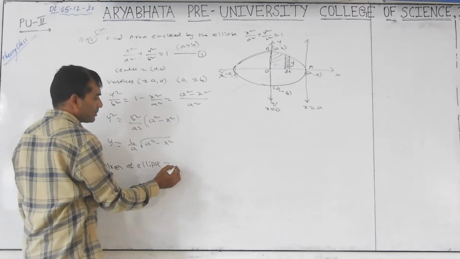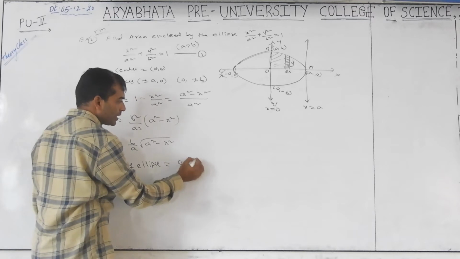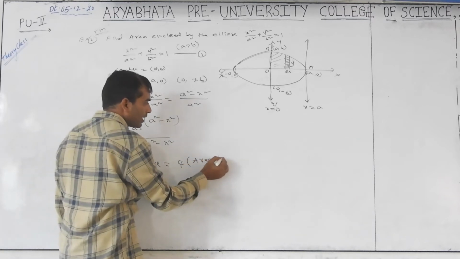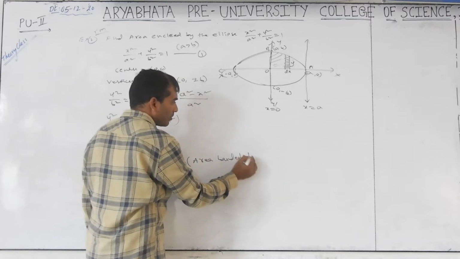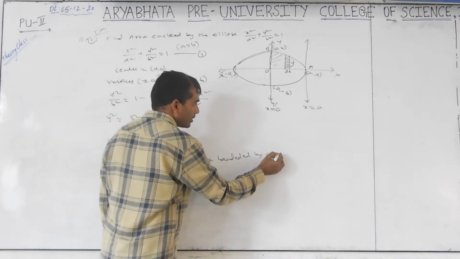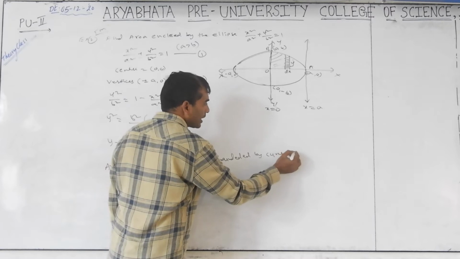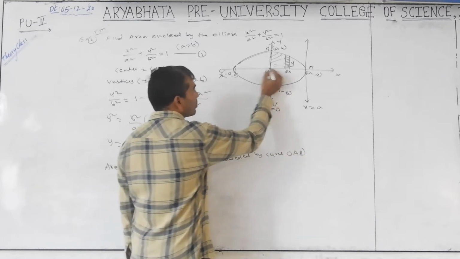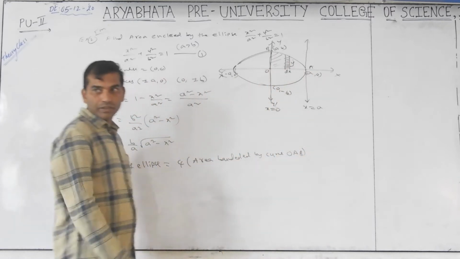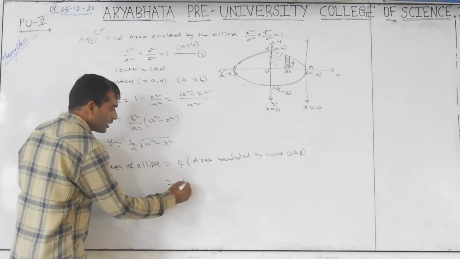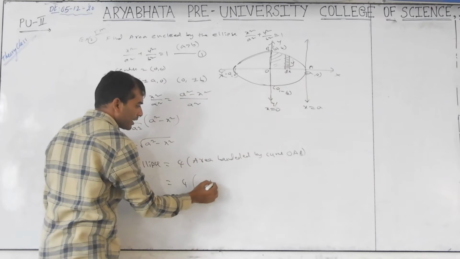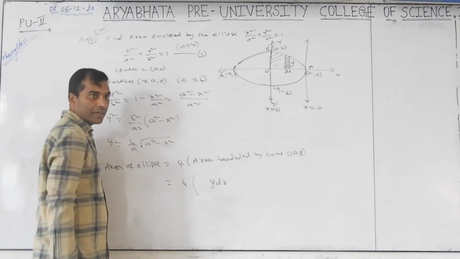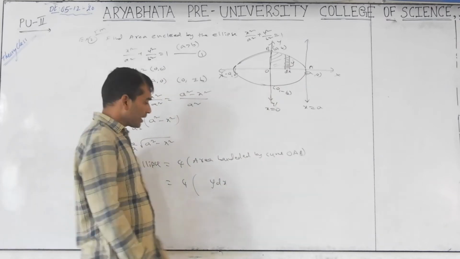Tell me, area of the ellipse equals 4 into the area bounded by the curve OAB. Now tell me, 4 into what is the area? Length into breadth, y dx, the area of a small rectangle.